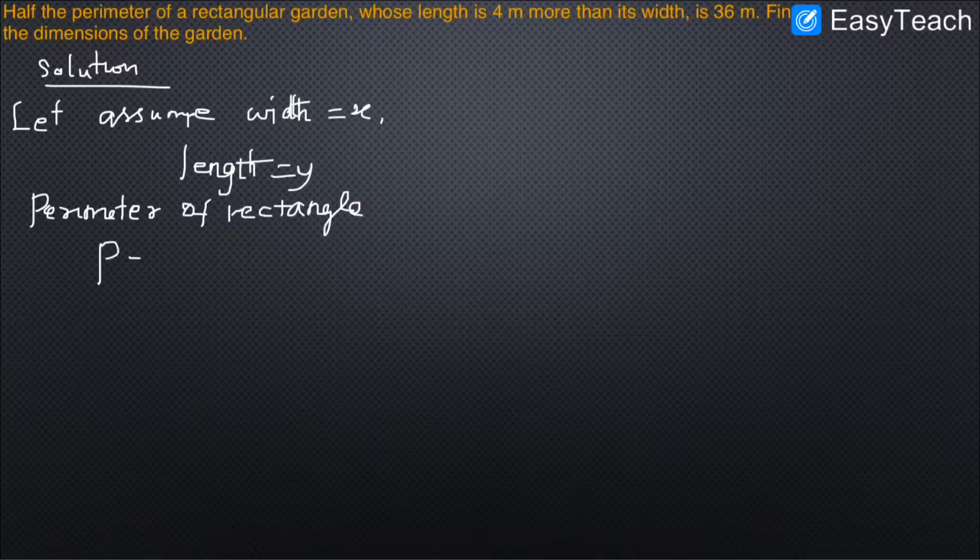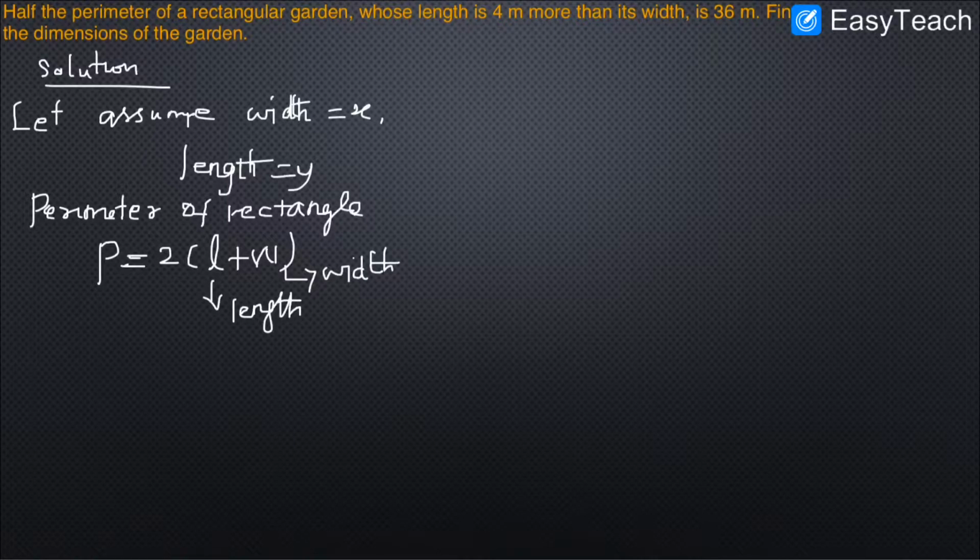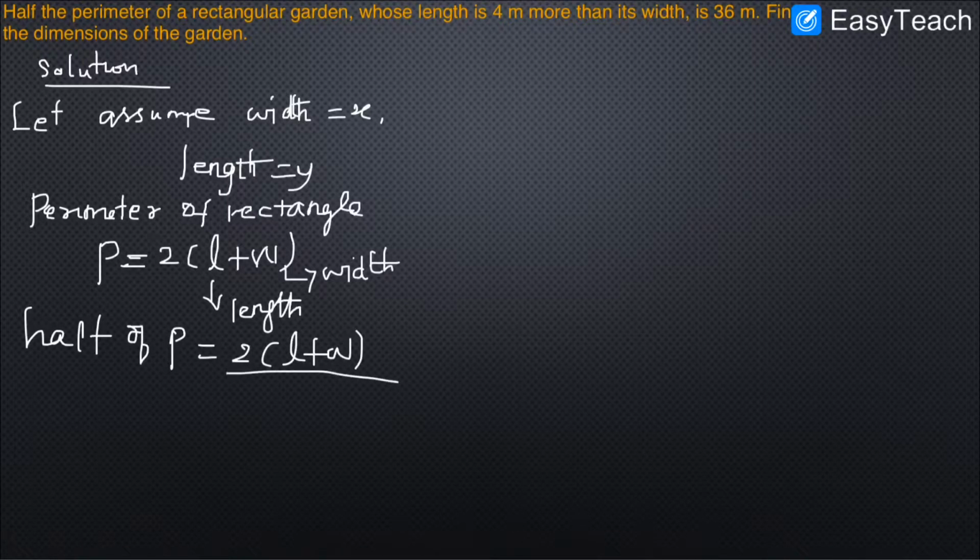P equals 2 into (L plus W), where L is length and W is width. So half of the perimeter is 2 into (L plus W) divided by 2, so we get L plus W.